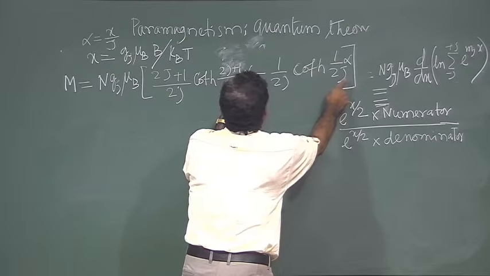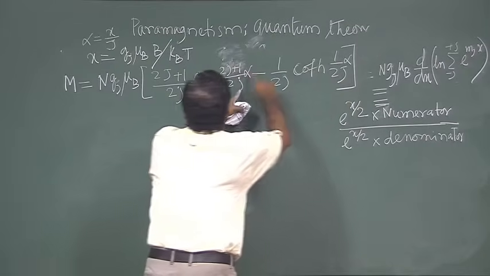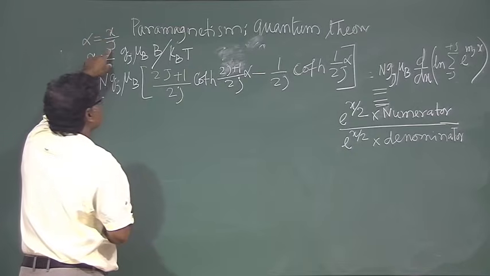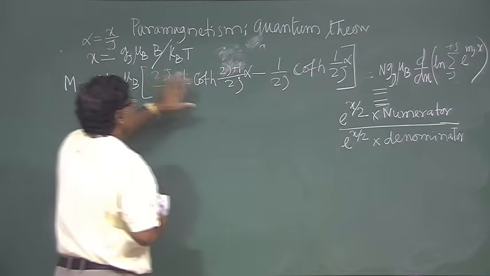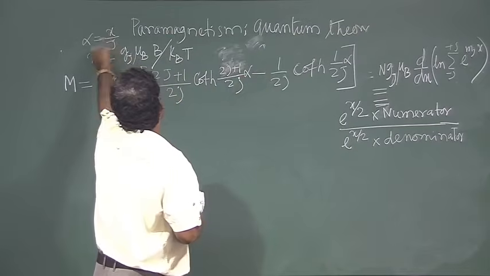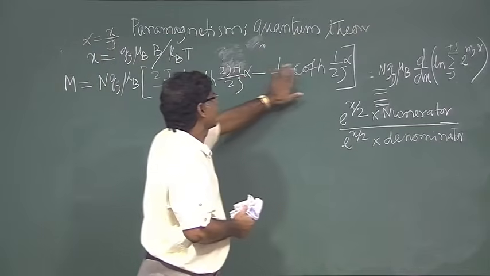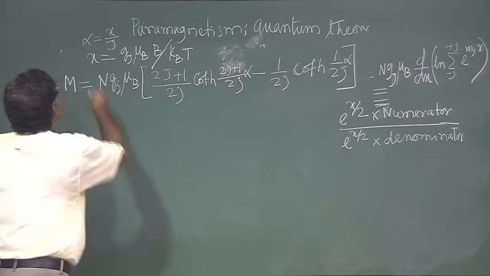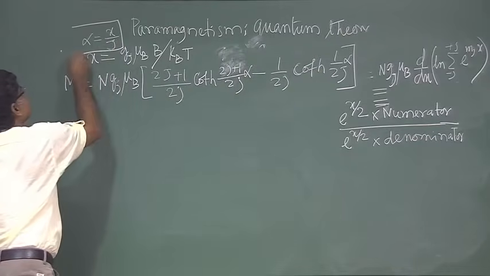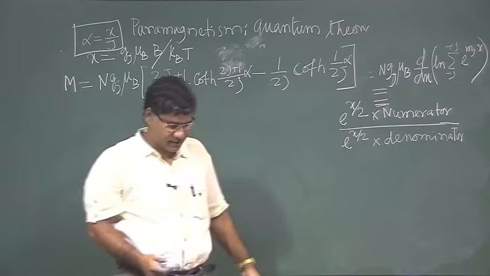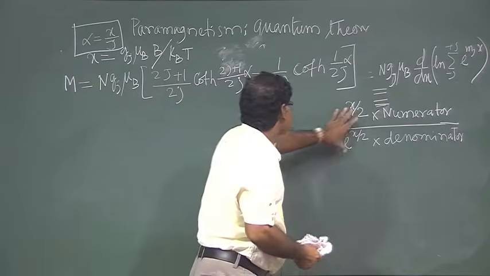If you take this alpha equal to x by j, and then in terms of alpha you replace x by alpha j, then you will get this final format. So this you have to consider. I think this is just algebra, straightforward, only some tricks one has to apply.